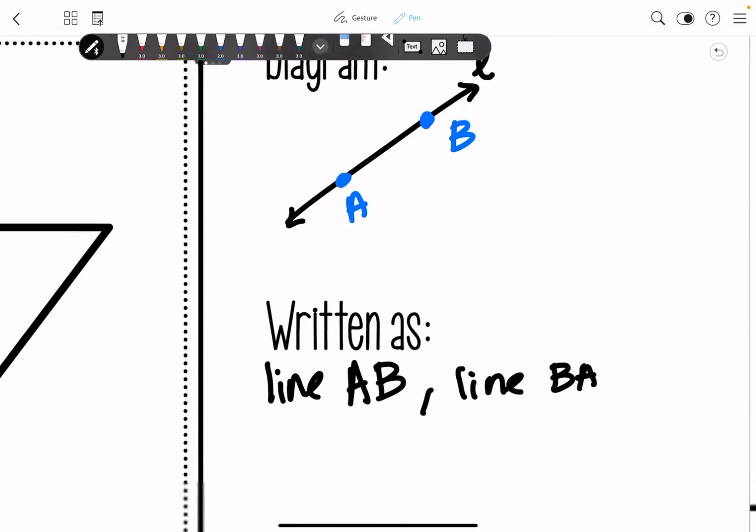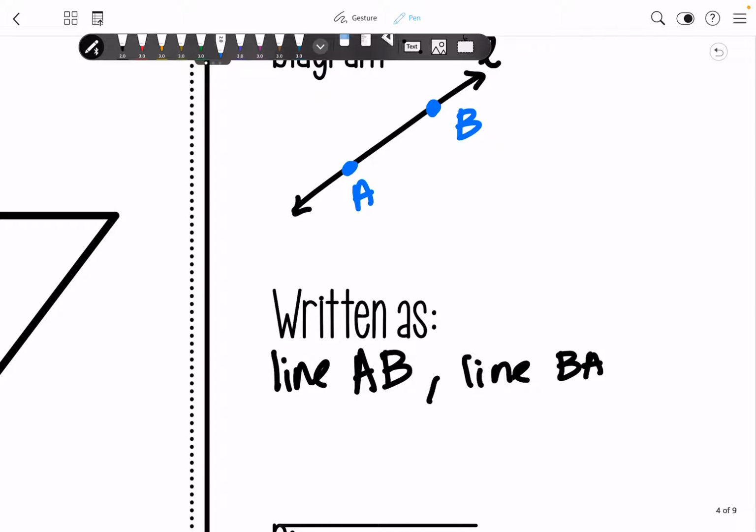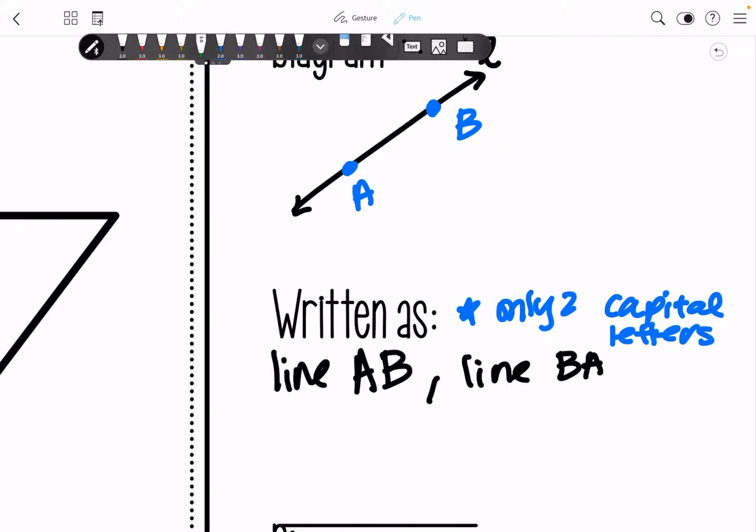You need only 2 capital letters to name it. So for example, say if we had a point C in the middle, line AB would still be the appropriate name for this line. You could also say line AC or BC or CA or CB, whatever. Any of those variations could still work.